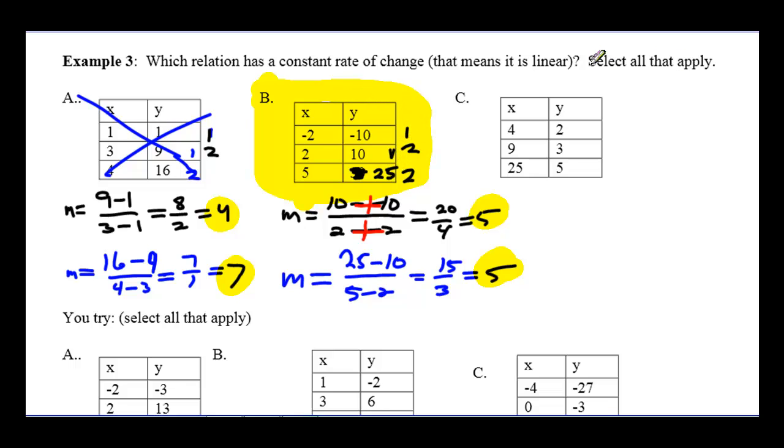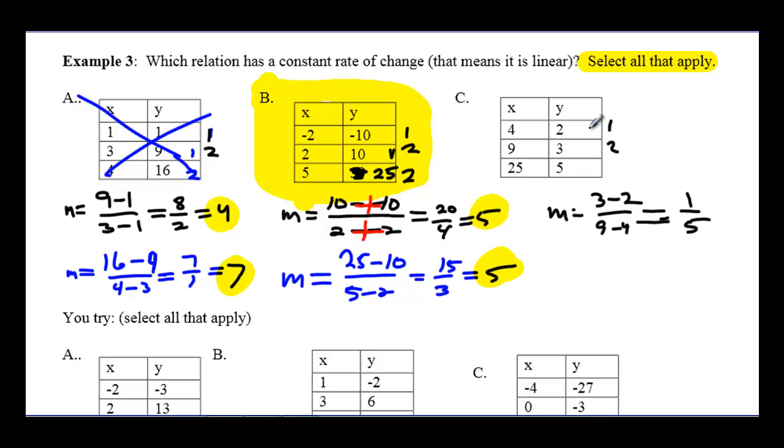Remember, select all that apply means you really need to check to make sure you're not missing anything. For C, I have the points (1, 2) and (4, 2)... I'm doing the same thing here. I have 3 minus 2 over 9 minus 4, which is equal to 1 over 5. It doesn't matter which two points you choose as long as one of them is different.